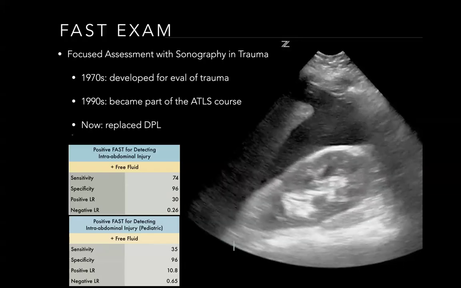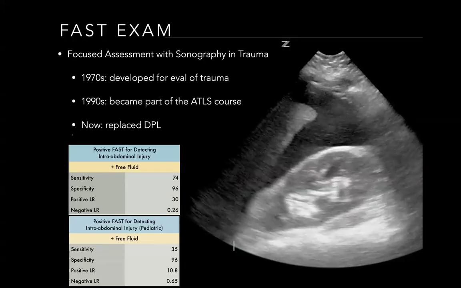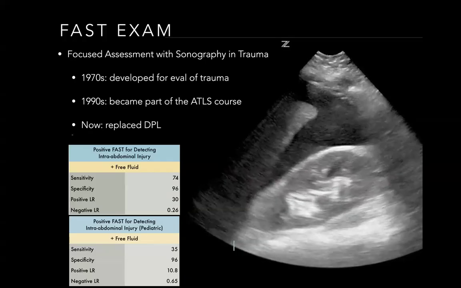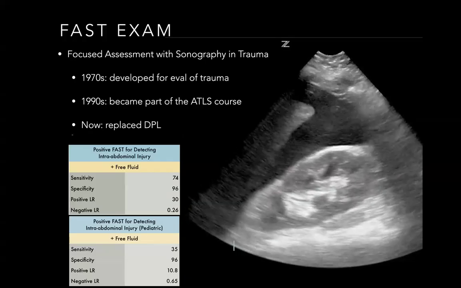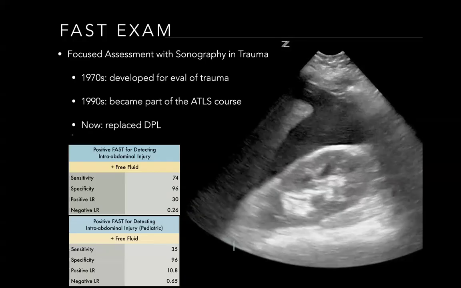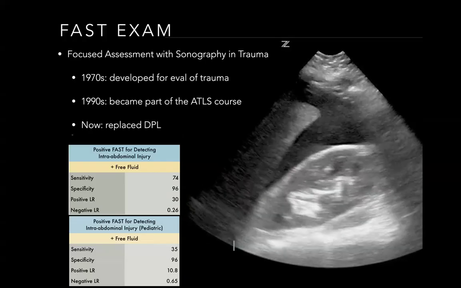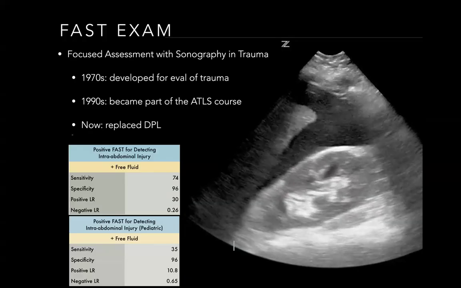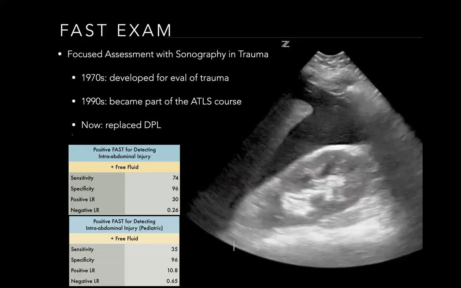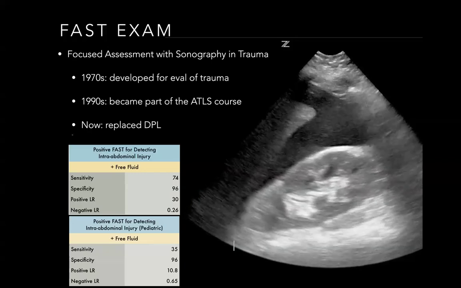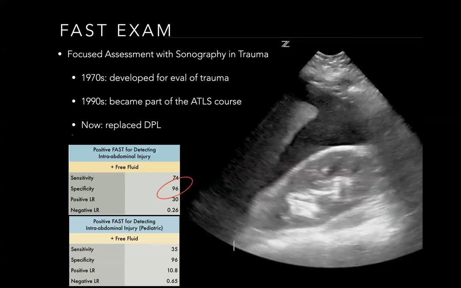Or you are seeing lots of patients with liver conditions and cirrhosis, and you want to see if they have any ascites. Well, ascites will appear as free fluid, right? So this is a helpful tool to have and to know how to utilize.